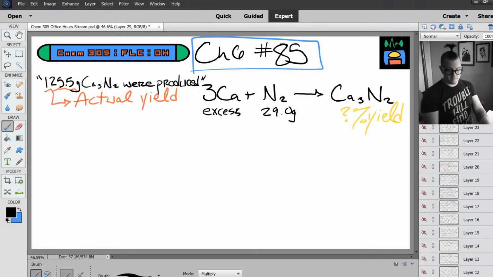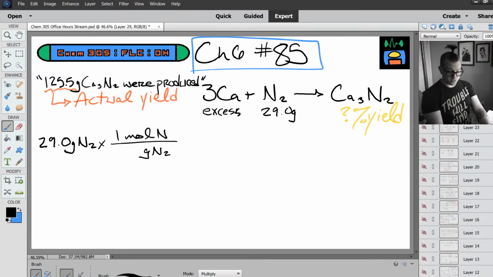And to do that, we have to start with the mass of nitrogen we were given, calculate our theoretical yield of calcium nitride, and then we'll be able to determine our percent yield with the actual yield that we were given. So we got grams of nitrogen to moles of nitrogen.